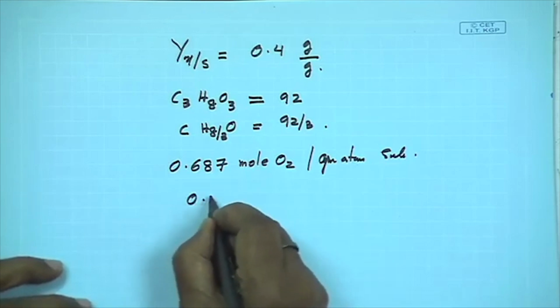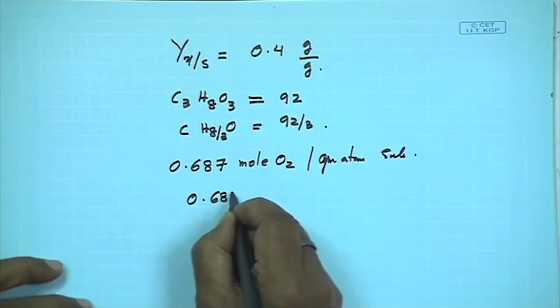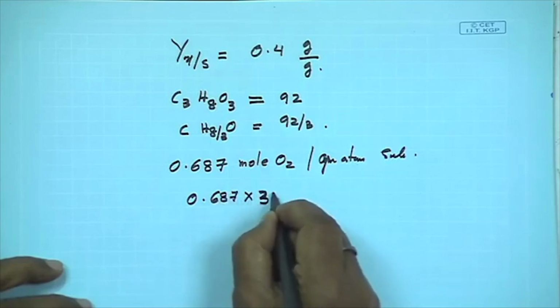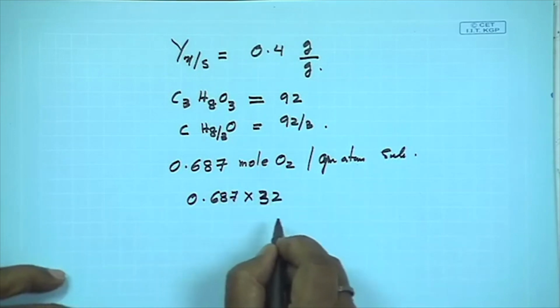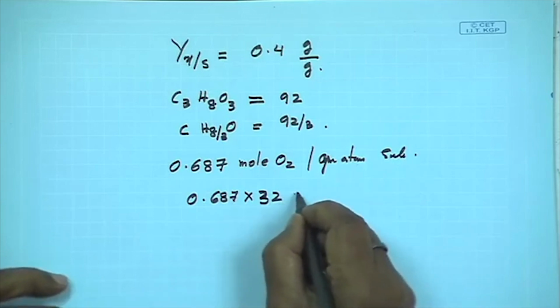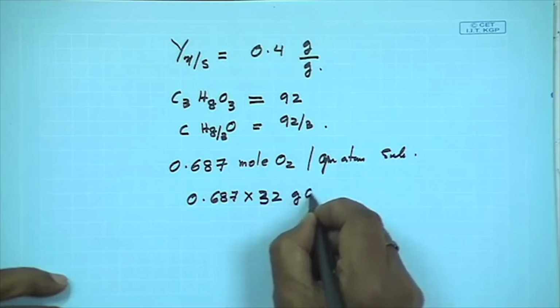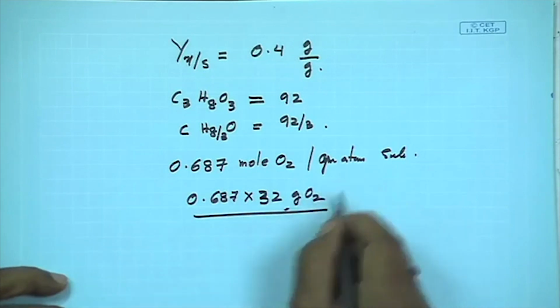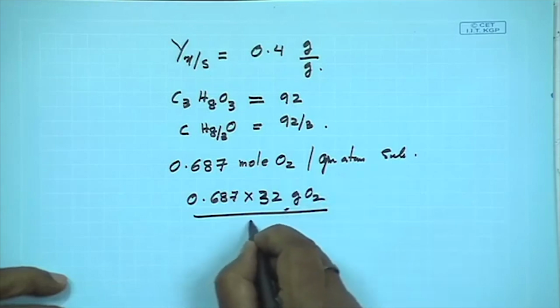Now what is the molecular weight of oxygen? That is 32, so 0.687 into 32 gives grams of oxygen. And what is the gram atom of substrate? One gram atom of substrate is about 92 divided by 3.